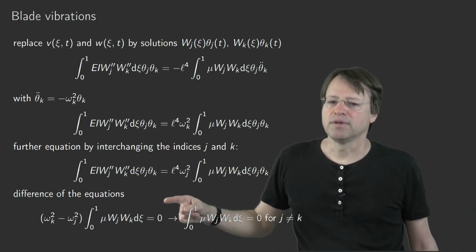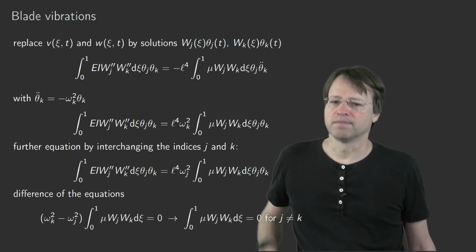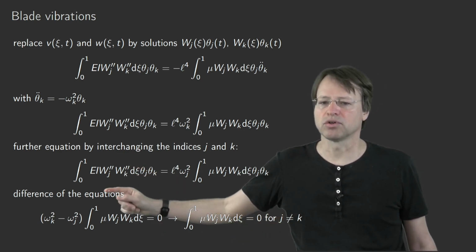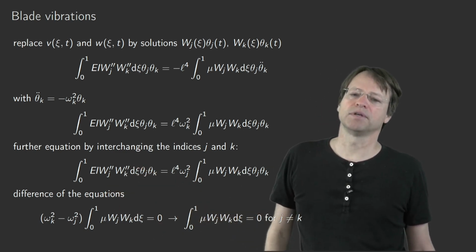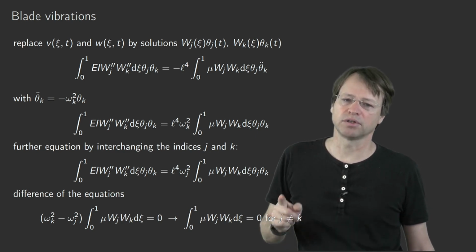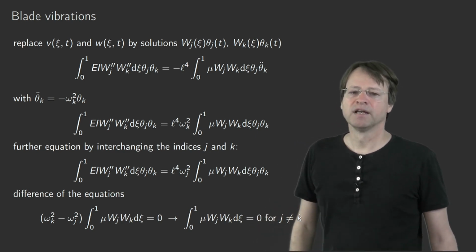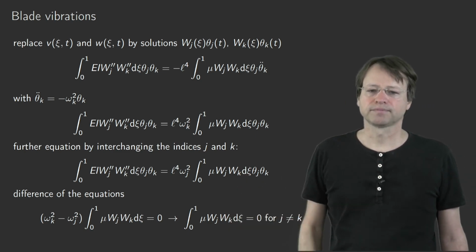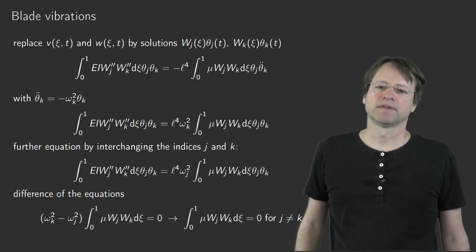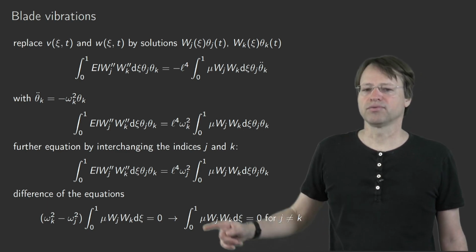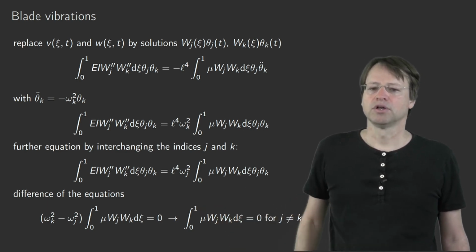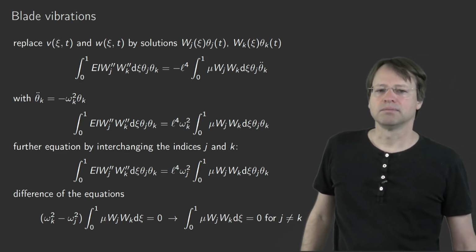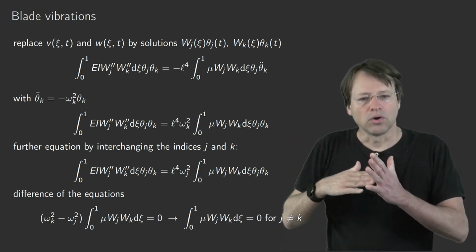And from that we conclude that this integral must be equal to 0 because omega k is not equal to omega j if k happens to be not equal to j. So from this we conclude that the integral of mu times wj wk is equal to 0. If mu is a constant, then we would conclude that the two modes are orthogonal.